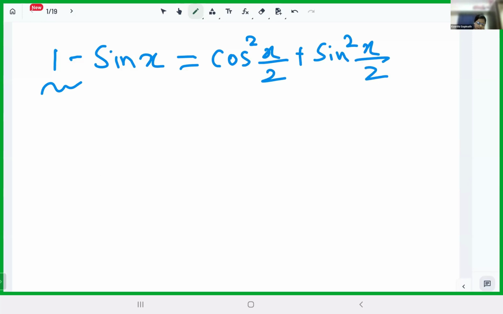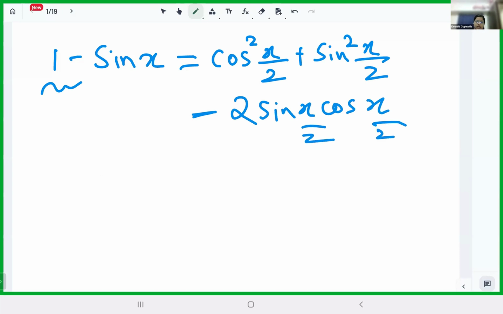That is an identity we have already studied in trigonometric functions: cos square x plus sin square x is 1. So instead of 1, I am writing cos square x by 2 plus sin square x by 2. And instead of sin x, I am going to write 2 sin x by 2 cos x by 2.